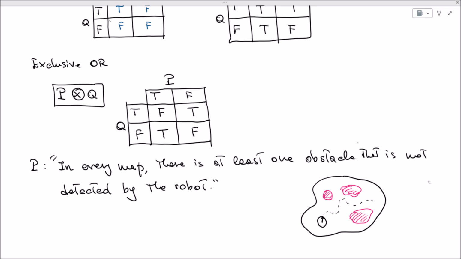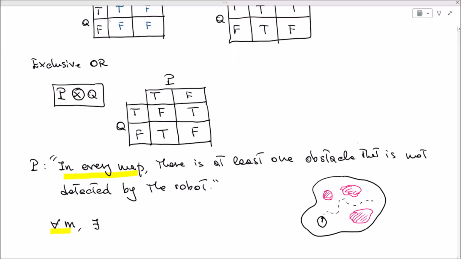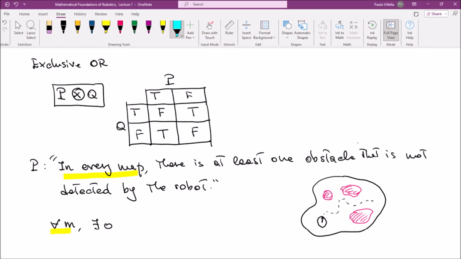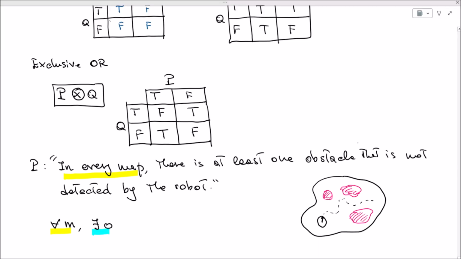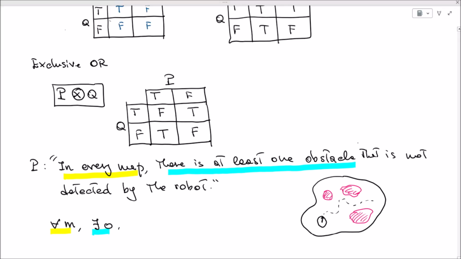We can say that for every map M, and this is just translating this part, there is at least one obstacle O, and this is now translating this part, that is not detected.